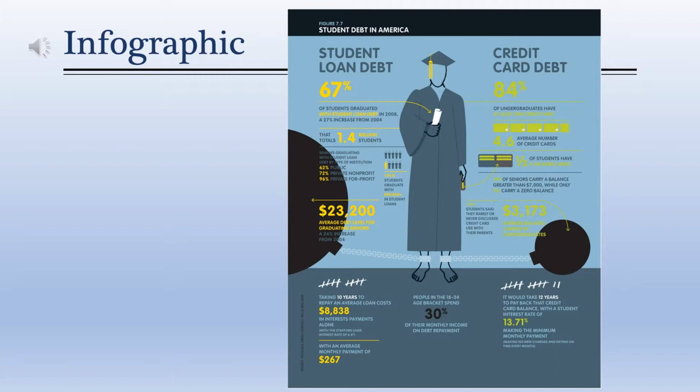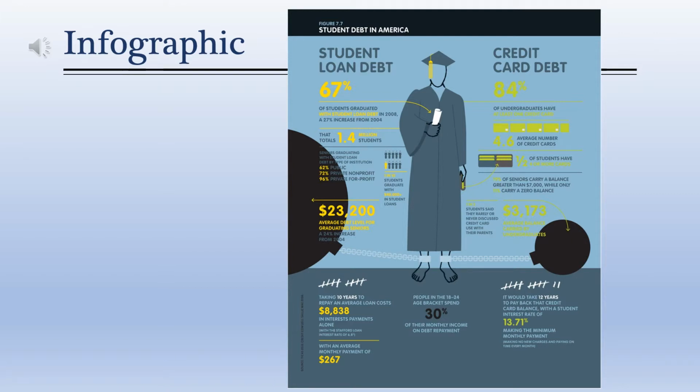On the left-hand side is a discussion of student loan debt, and on the right-hand side is a discussion of credit card debt. There's also a horizontal horizon line where we see that split in color, and we can see that this image is actually chained to two rather large balls, and this seems to be a horizon line where these debts might sink this graduate or the graduate might be drowning.